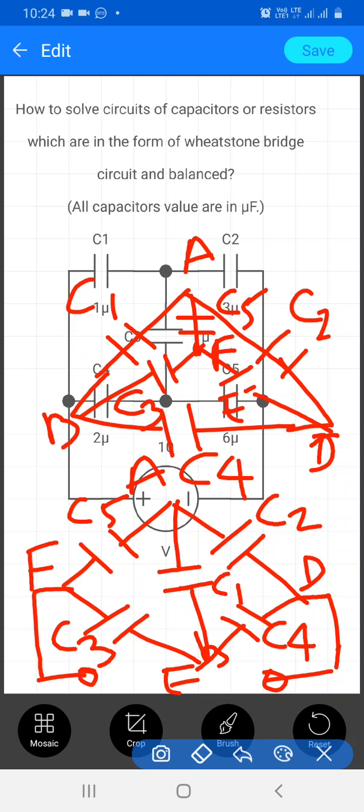So if C5 C4 is equal to C2 C3, then no charge will flow through the branch AB, that is through the capacitor C1, and capacitor C1 will be open circuited, and in that case C5 and C2 in series, C3 and C4 will be in series, and the combination will be in parallel, and you can get the equivalent capacitance between point F and D in this way.